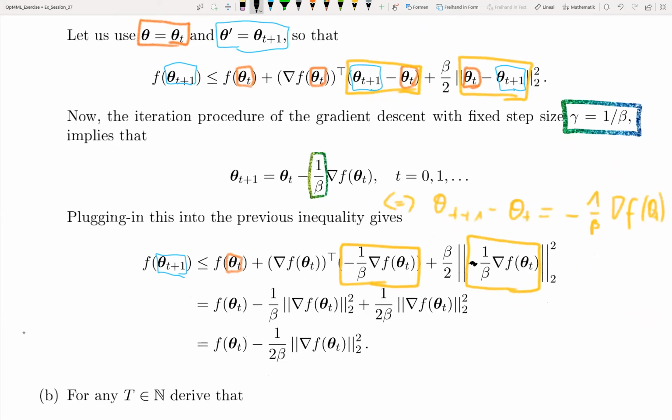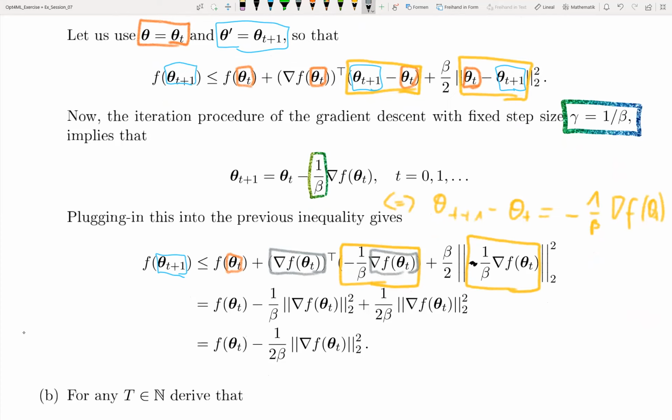And if we now consider that we have here the inner product, the transpose of the gradient, and here we have the gradient as it is, so we have the inner product of the gradient with itself, and this is nothing else than the squared gradient norm. The scalar can, of course, be written in front of that.